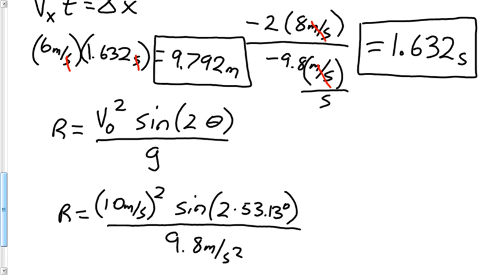And notice I did not put a negative sign in there, because whenever you have an equation that has g, you simply put a positive value for the acceleration of gravity.